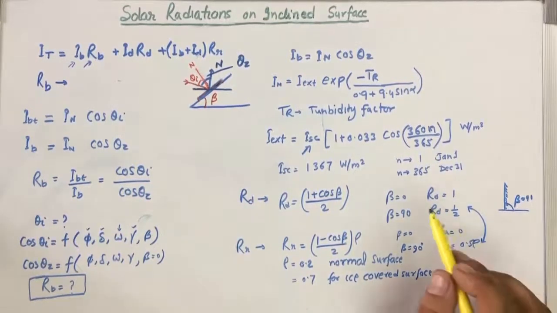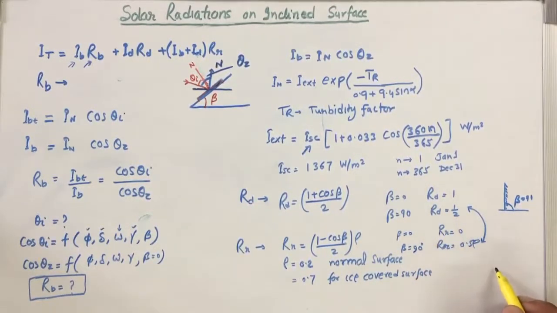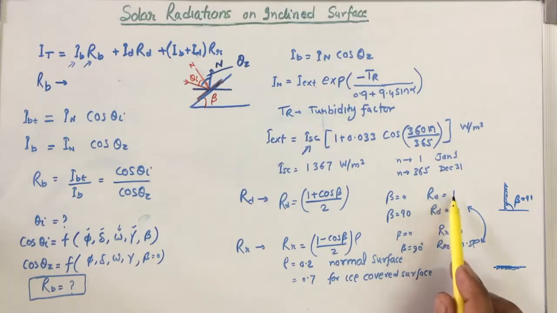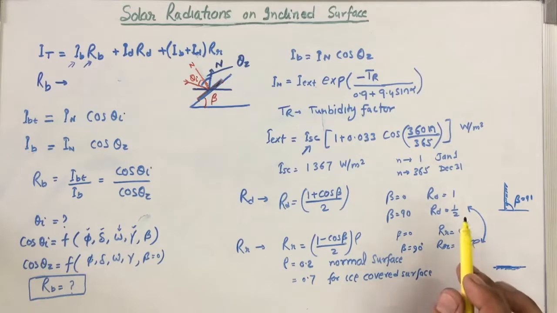Consider if beta is equal to 0, it means it is horizontally placed, the collector surface is here. In that case reflected radiations are 0 and diffused radiations are maximum. So we can say for a horizontally placed surface the diffused radiations are maximum and the reflected radiations are 0.